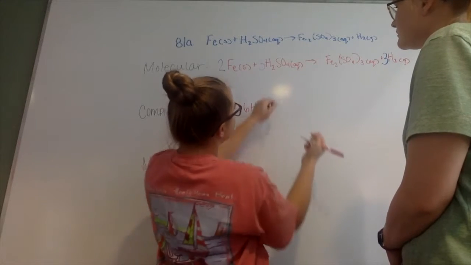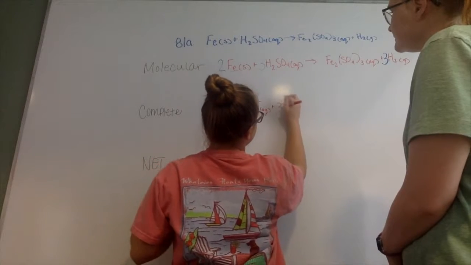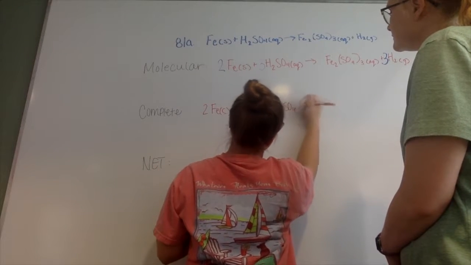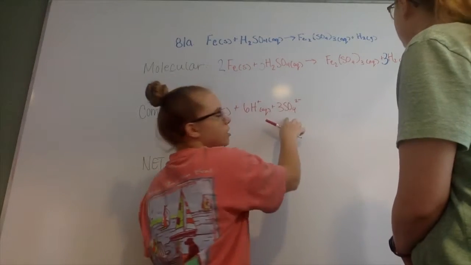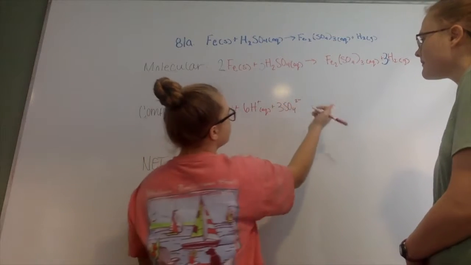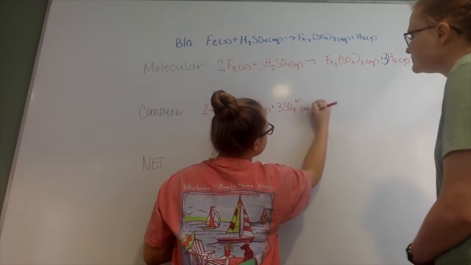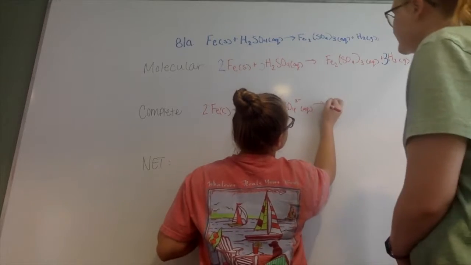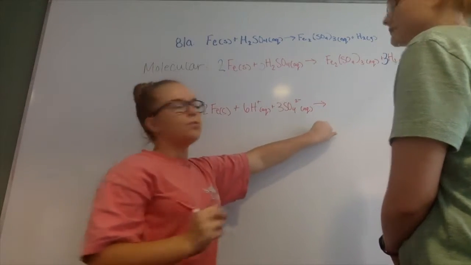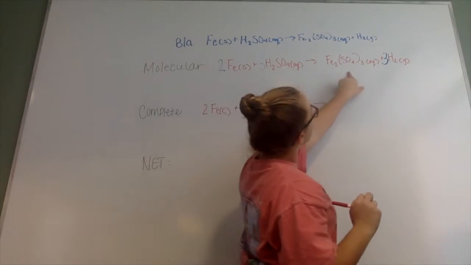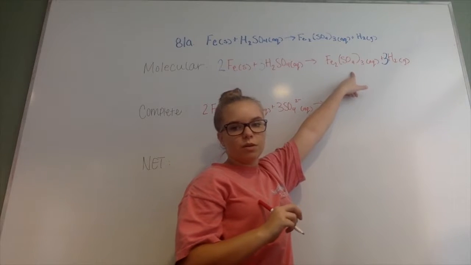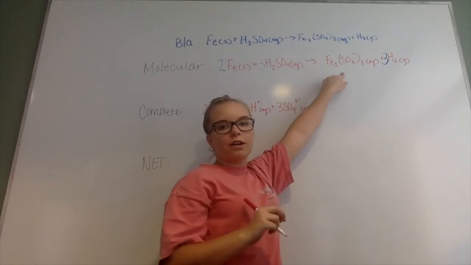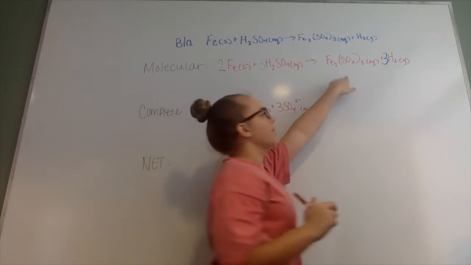And then we have 3 sulfate, which has a -2 charge. Sulfate always has a -2 charge. Ions that dissociate from that, and that is also aqueous. And then we get over here. We know that sulfate is soluble, and this is a soluble ionic compound, so we are going to dissociate it.